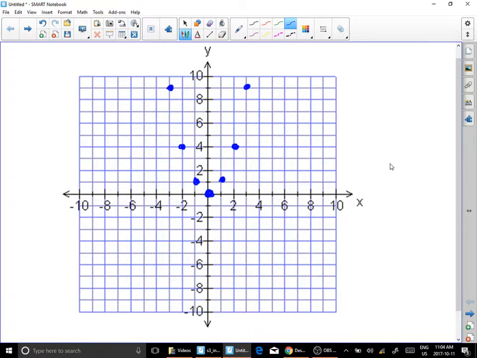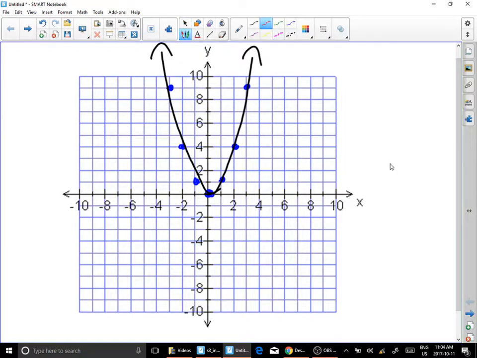So these are the points that are always on the graph y equals x squared. Always. You can always make those points. Here's the interesting thing about these points too.